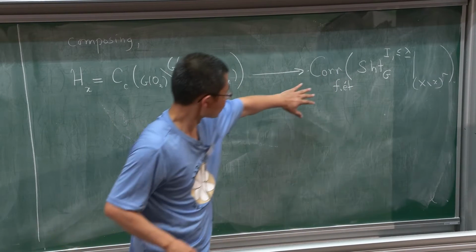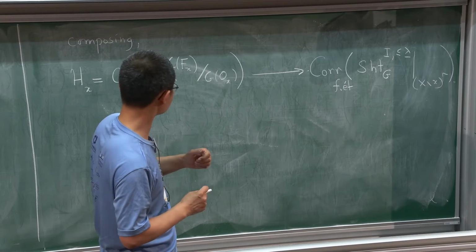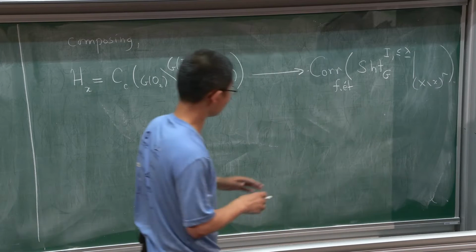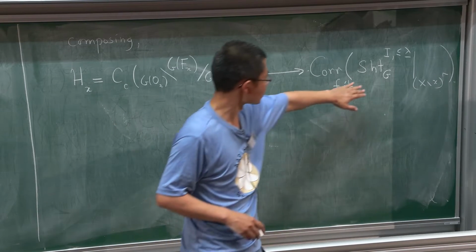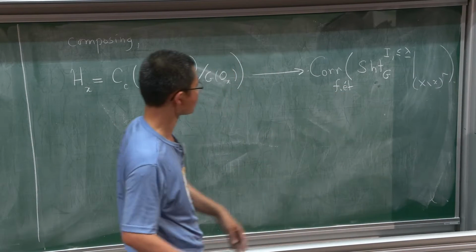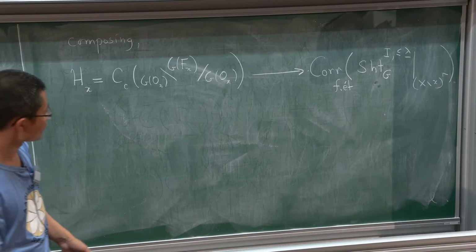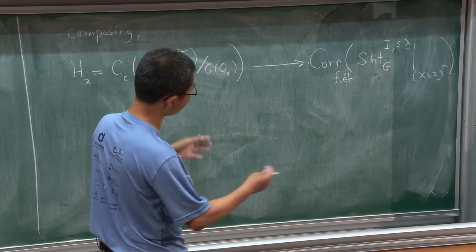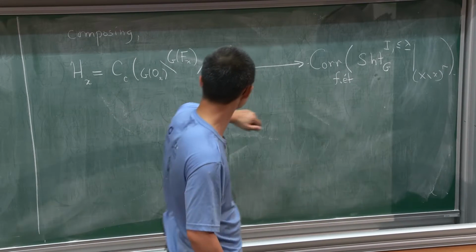So this is a category of self-correspondences of this guy, where both maps are finite étale. And it makes sense to compose two correspondences like that. You still get a finite étale correspondence.